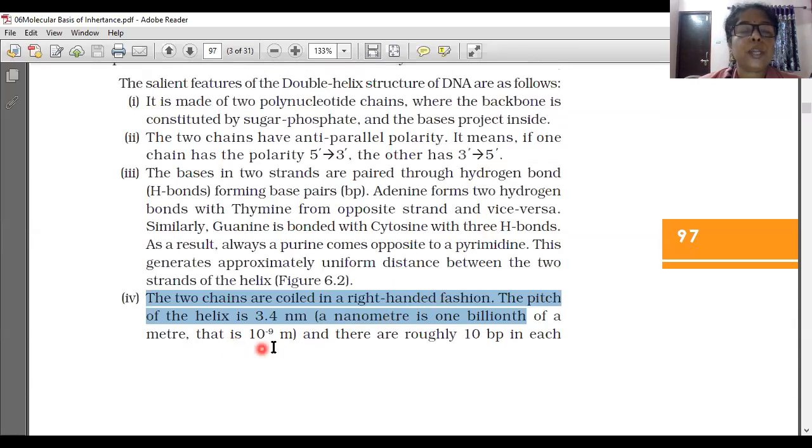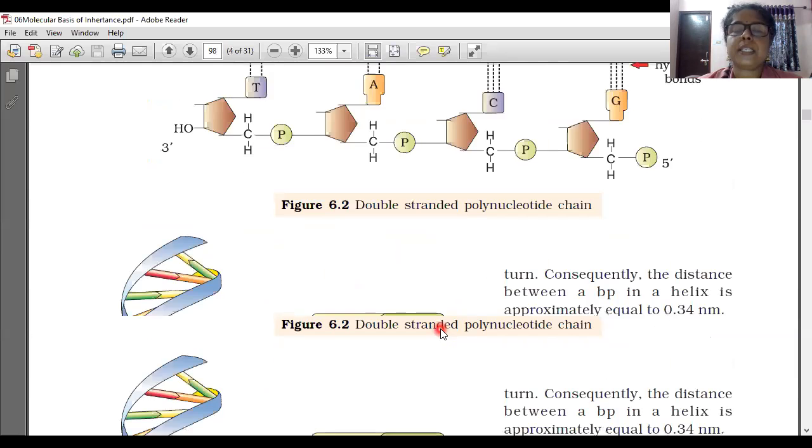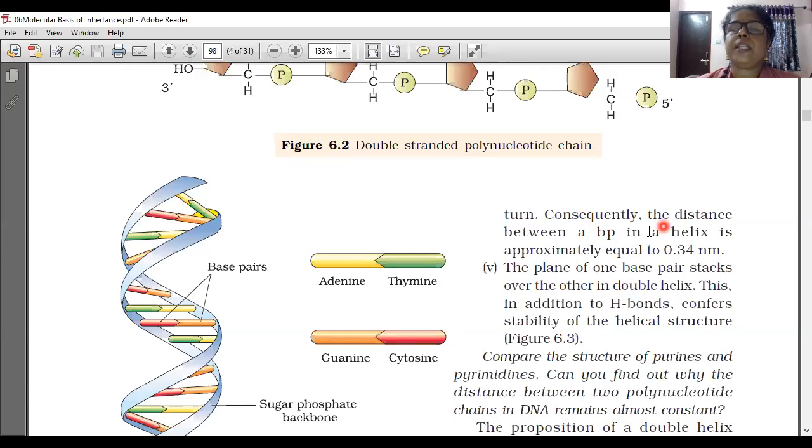Consequently, the distance between a base pair in a helix is approximately equal to 0.34 nanometers.